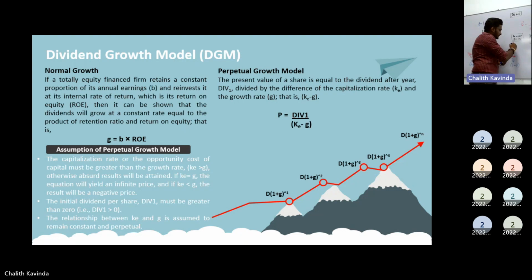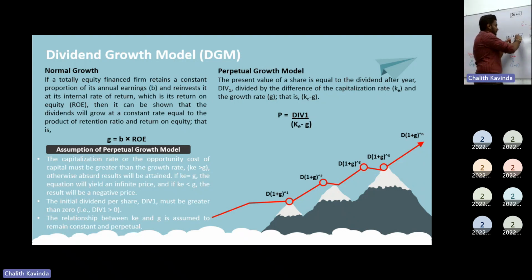Here, price of the share equals to how much? Yes, online students, how much?